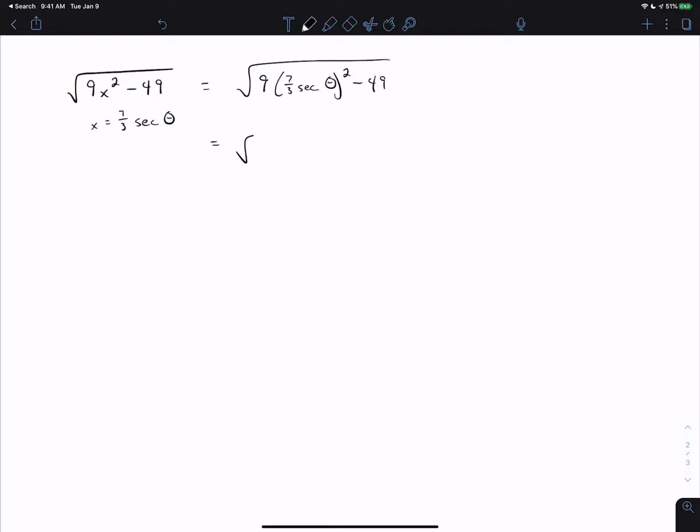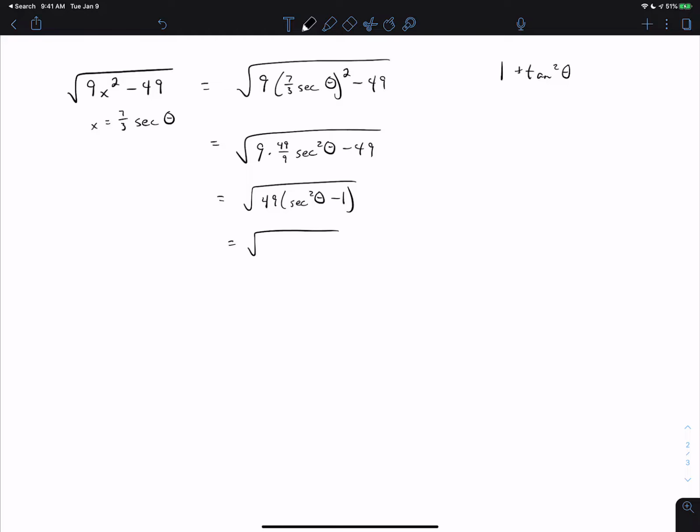Now if we square that, we get 9 times 49 over 9 secant squared theta minus 49. The 9s cancel. So we get secant squared theta minus 1. Because of the identity, 1 plus tangent squared is secant squared, we know also that secant squared theta minus 1 is tangent squared.